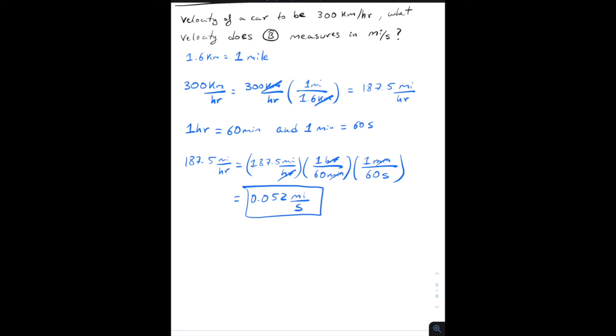I will be leaving a link in the description box with a list of all the SI units and their definitions, which I retrieved from the University Physics 12th edition book.